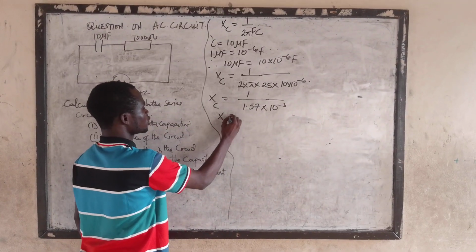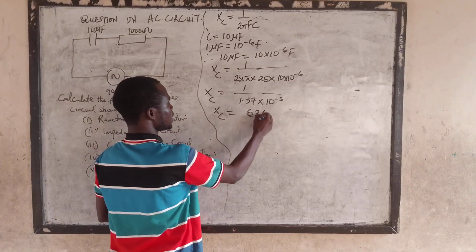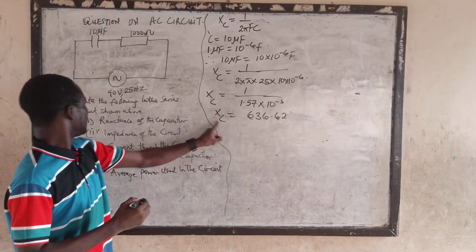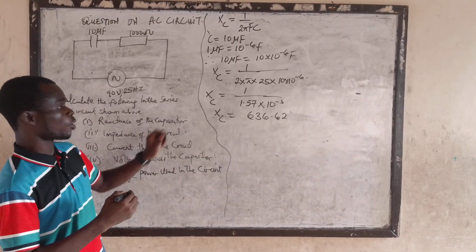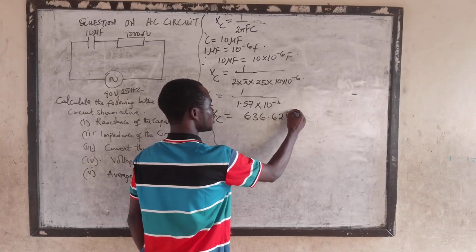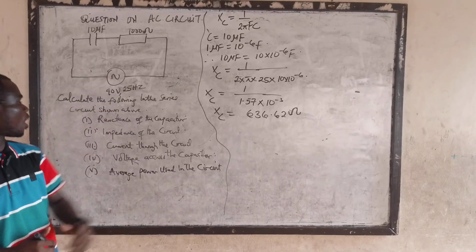Dividing this, X subscript C equals 636.62. The unit for the reactance of the capacitor is ohms. That is the reactance of the capacitor.